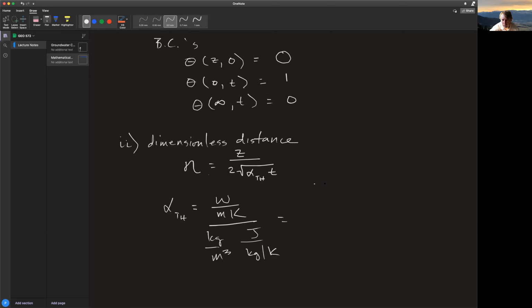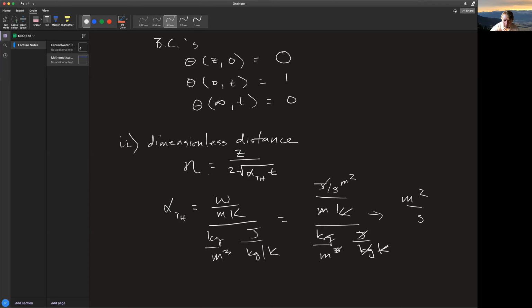Okay, this is joules per second over meter Kelvin, kilogram per meter cubed, joules per kilogram Kelvin. All right, kilograms cancel, joules cancel, Kelvin cancel, and meters go up here. So we end up with meters squared per second.